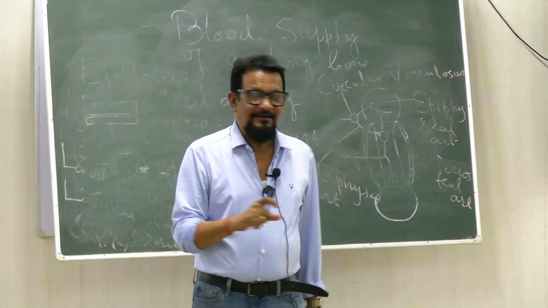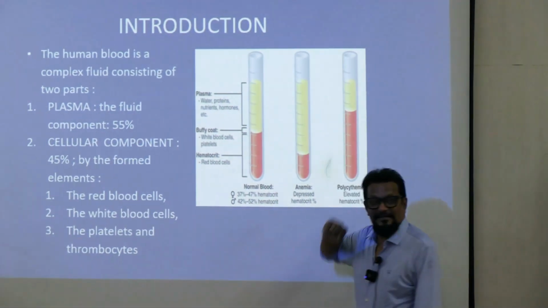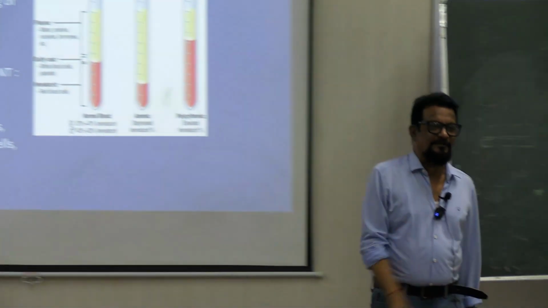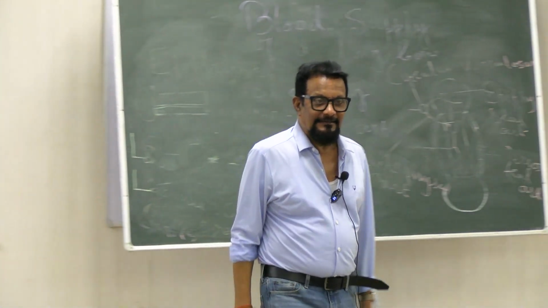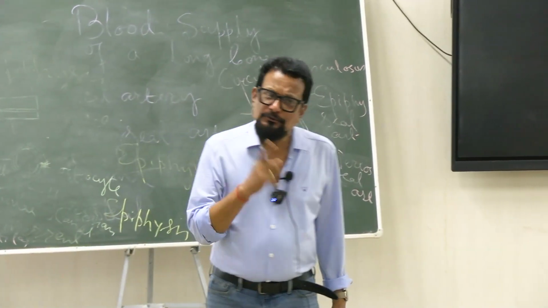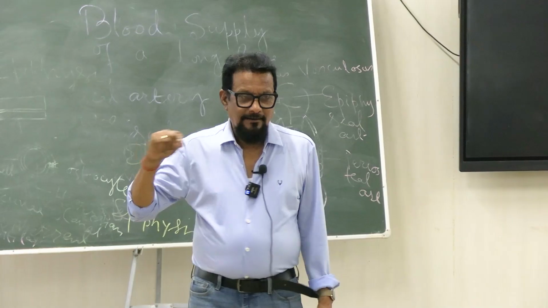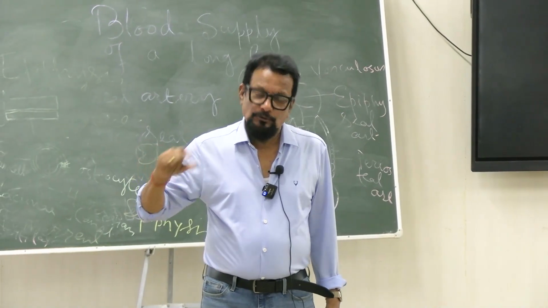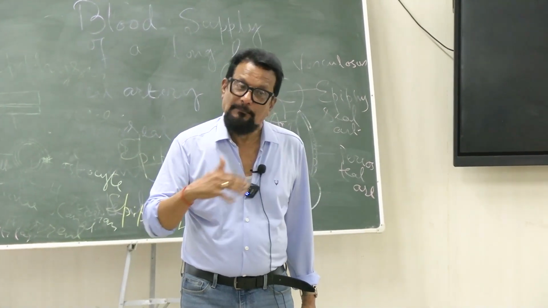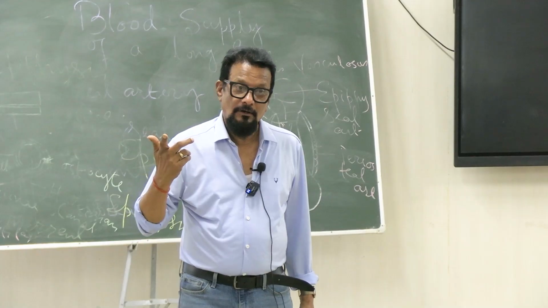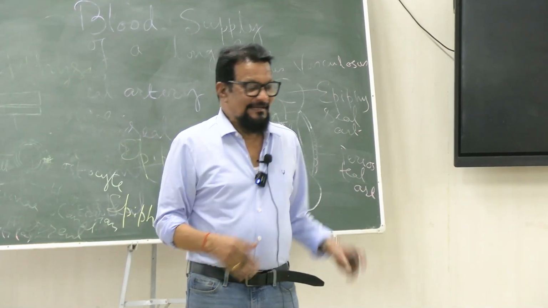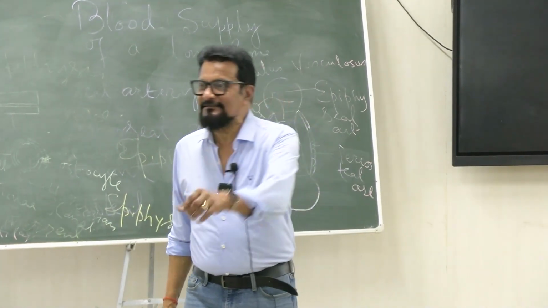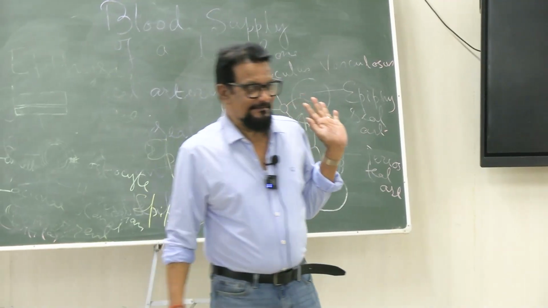So when you find that this layer is less, PCV is less, hematocrit is less, what does it indicate? There is anemia. Do you think their percent is less? Do you think their number is also less, or the number is same, or the number is more? The number is also less. That means when PCV is less, their count is also less.